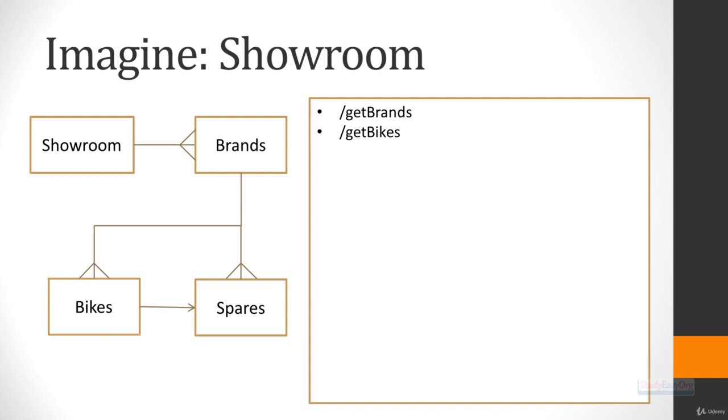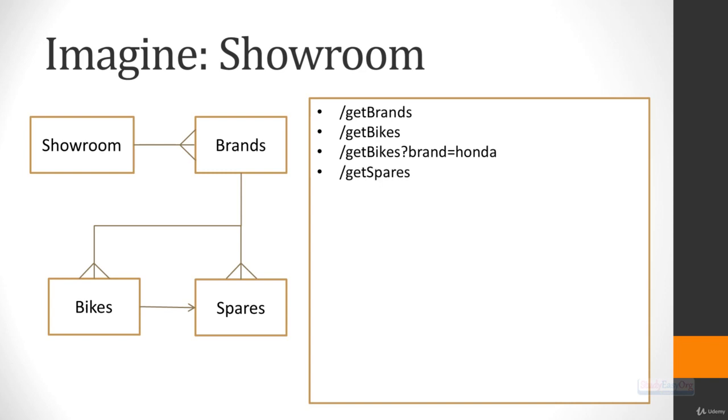Now we can further filter things based on a brand. If we wish to extract all the bikes available for a specific brand only, again that is possible. We will specify yet another parameter in our URI itself, and it could be get bikes brand equal to Honda, right? So this is good. These URIs are looking good.